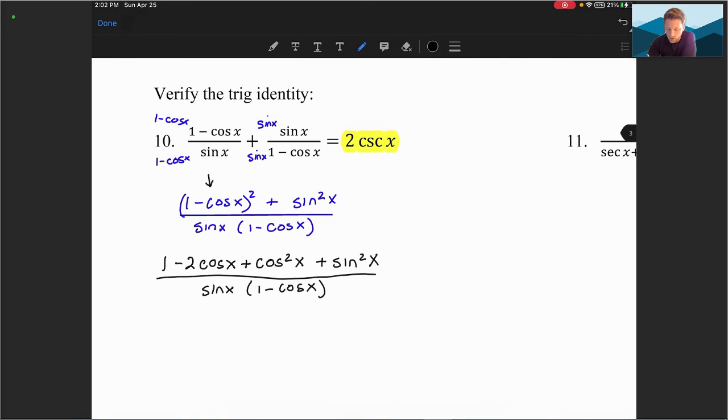So let's see what we can do with our numerator here. I know I have a Pythagorean theorem identity sitting here. Cosine squared plus sine squared we know is equal to 1. So that's a nice identity we can use right off the bat. If we continue here, let's rewrite the expression we have.